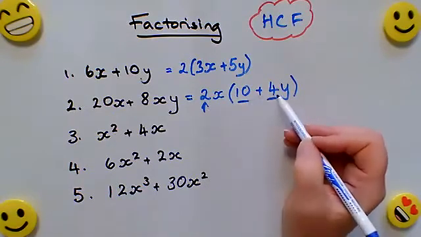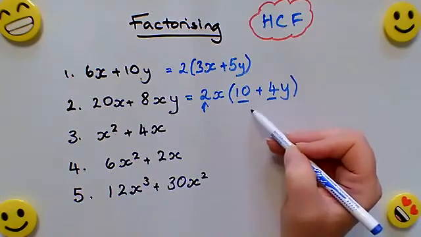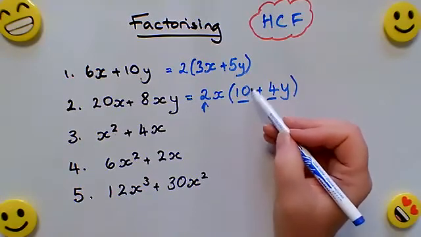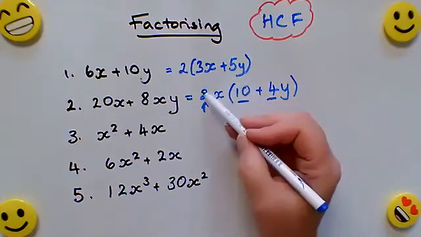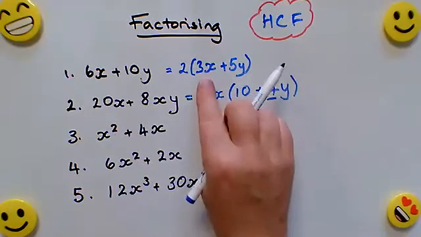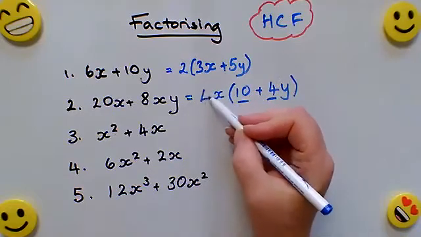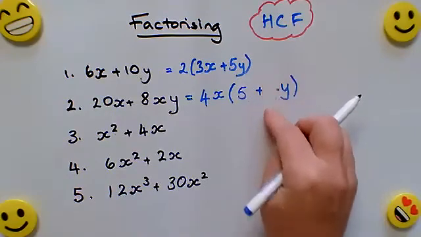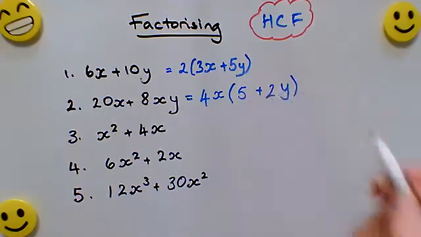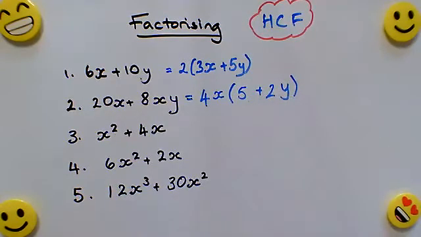So 10 and 4 share the highest common factor of 2. So I can take another 2 outside of the bracket. And remembering this would be a multiplier, so 2 times 2 would give me a highest common factor of 4. Then inside the bracket, I should have 5 plus 2y.